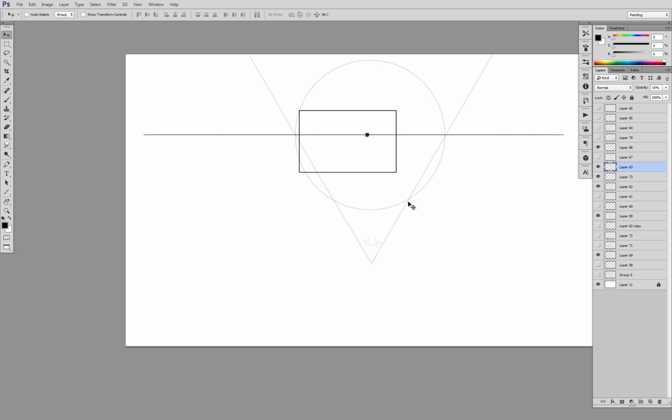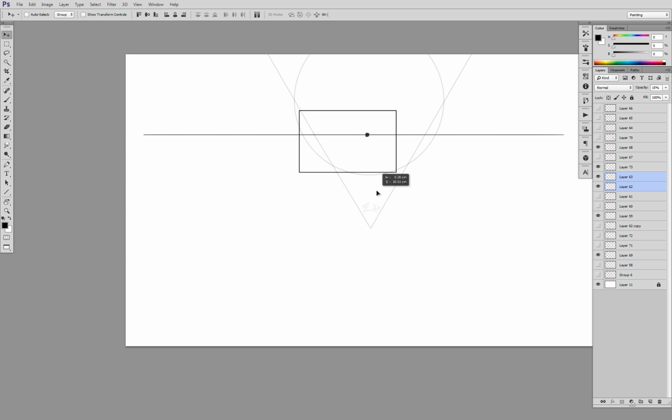But what we need to figure out is how far back it starts, because if it starts here, then obviously we can fit more in, and we might need to fit more in.